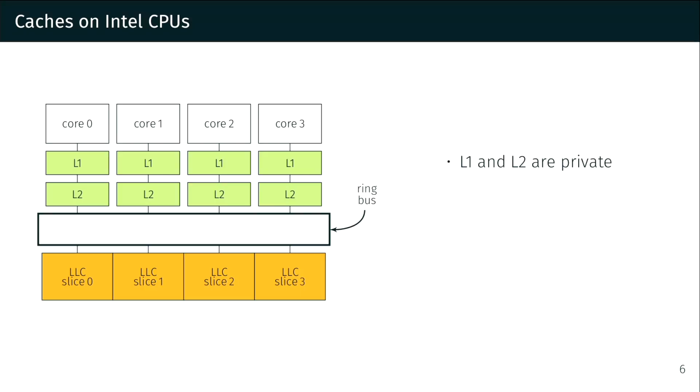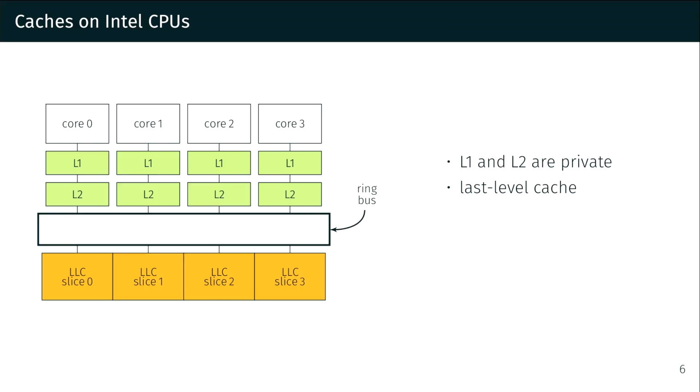Okay, so let's start with a bit of introduction. We will be mainly focusing on Intel CPUs, and this is roughly how it looks like today in terms of cores and caches. We have different cores, here 4 cores, and different levels of caches. Usually we have 3 levels of caches. Level 1 and level 2 are private to each core, which means that core 0 can only access its level 1 and its level 2, and not level 1 and level 2 of, for example, core 3. And we have the last level cache.